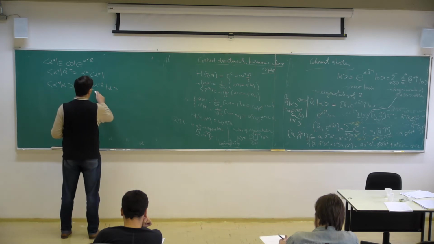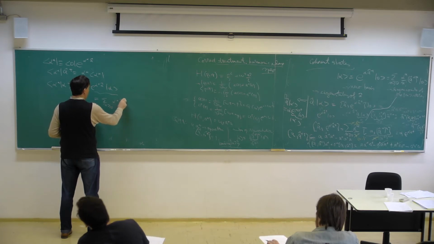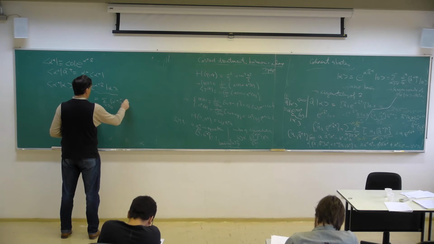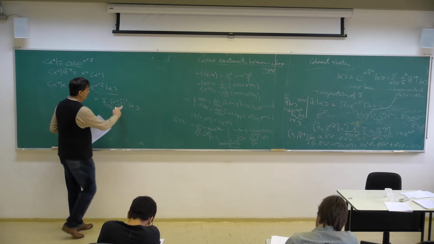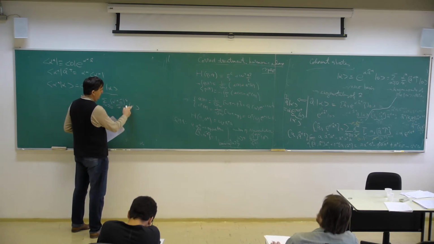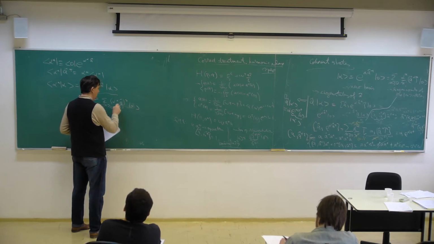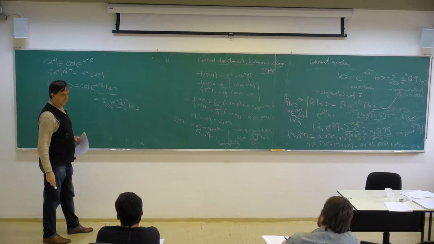So this now is equal to the sum over n of alpha star A to the n over n factorial acting on alpha. But A acting on alpha gives alpha, right? So this replaces A with alpha.